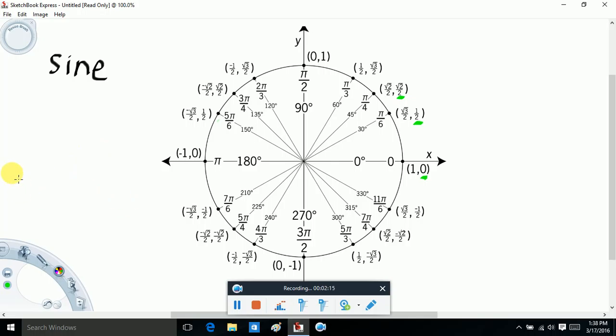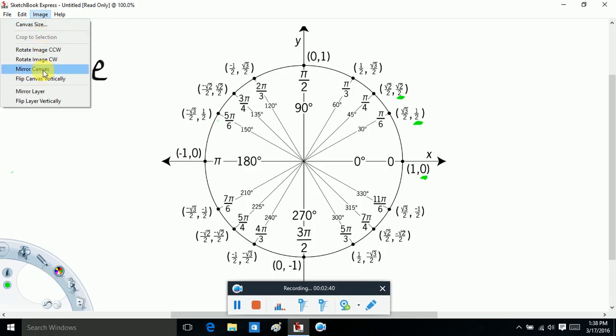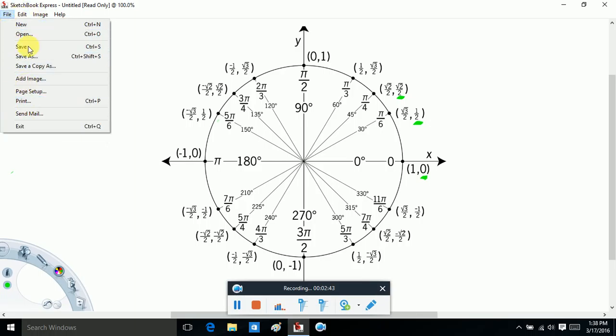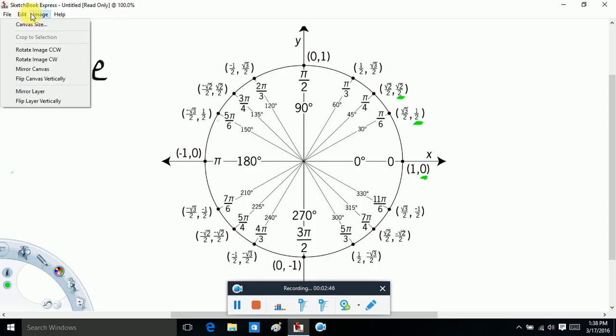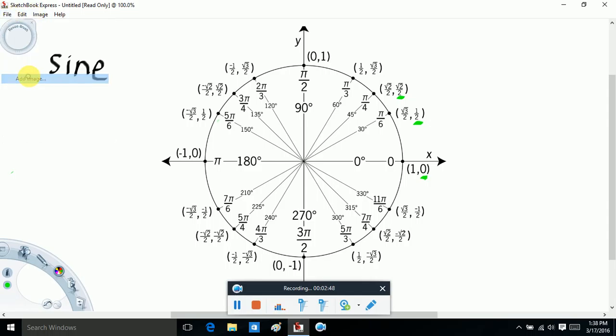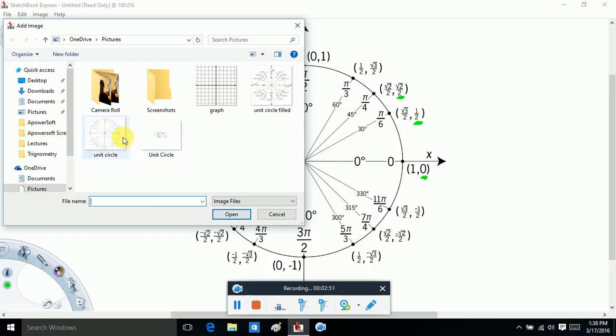So now let's work on a different problem. Let's try to graph the sine function. Okay, so let's just say we have this graph here.